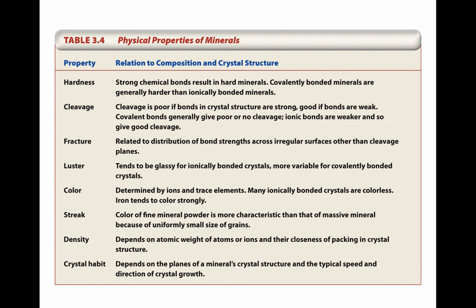And their closeness of the packing in the crystal structure, yeah, how they are packed to each other. And that goes then also with the crystallographic symmetries. So then we have the crystal habit, and that depends on the planes of a mineral's crystal structure, and the typical speed and direction of crystal growth.